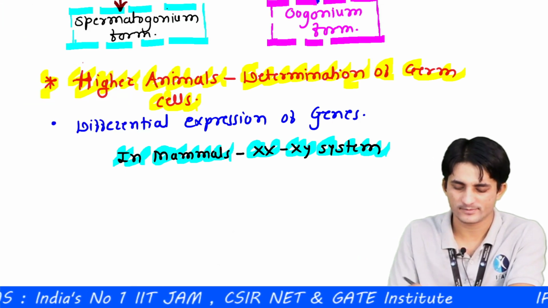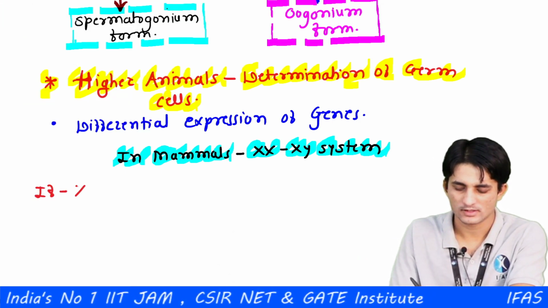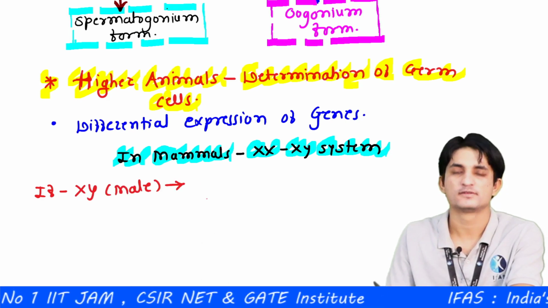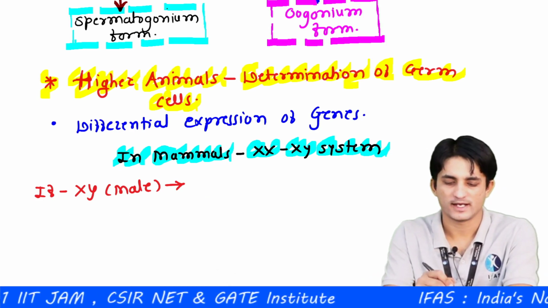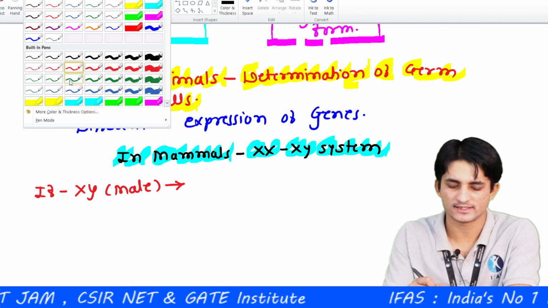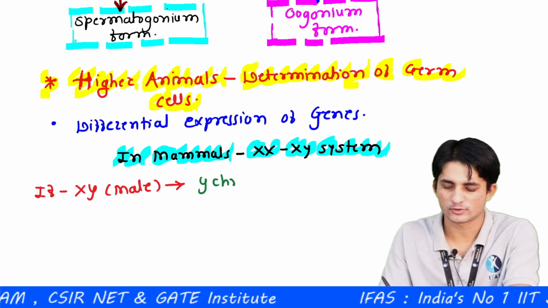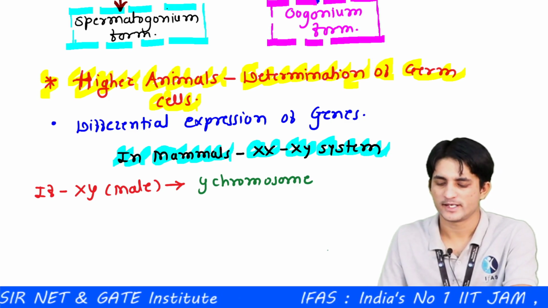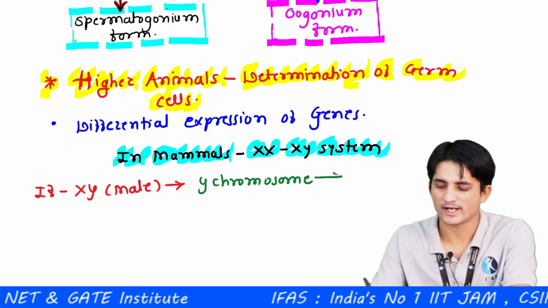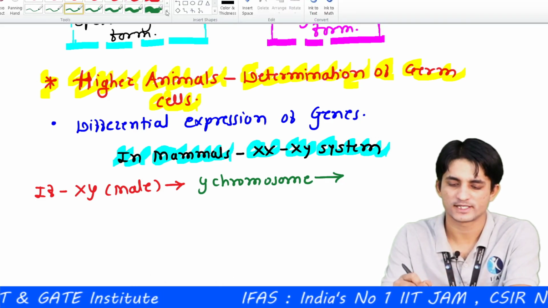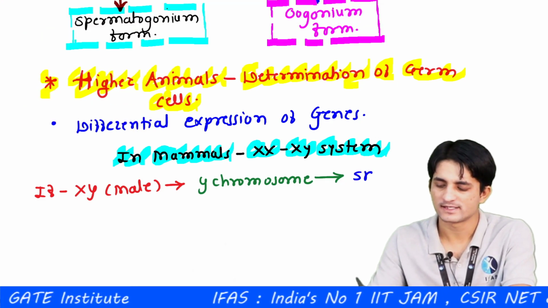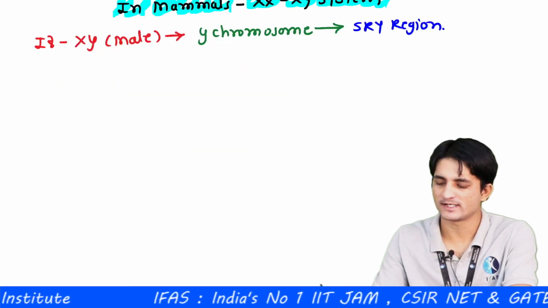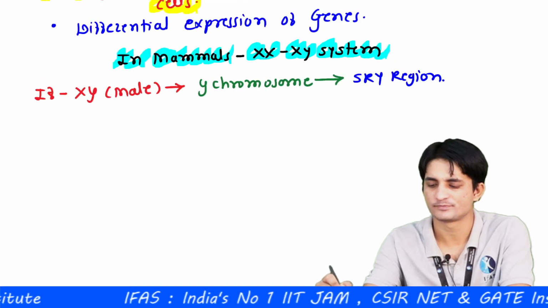So suppose if an XY individual is there, then we call it male. If Y is there, then there is presence of the Y chromosome. On the Y chromosome there is one region that plays a major role. It's called the SRY region, which is the active region, and from that some genes are expressed.